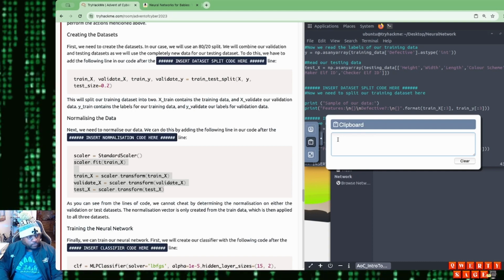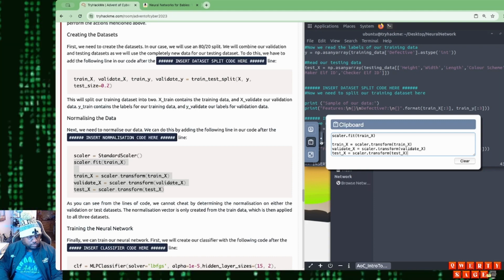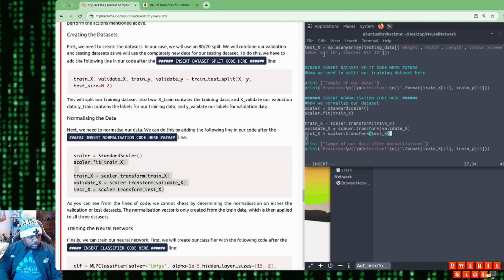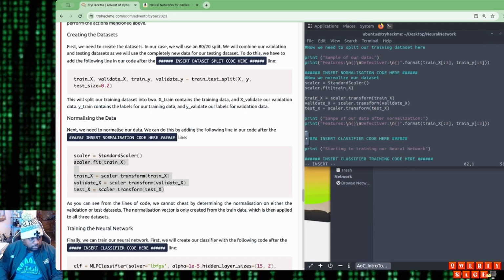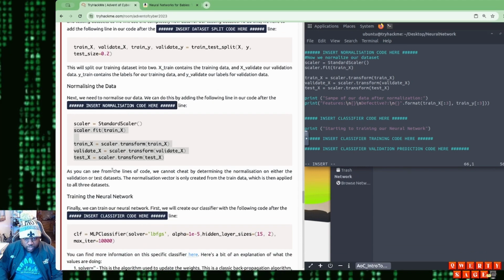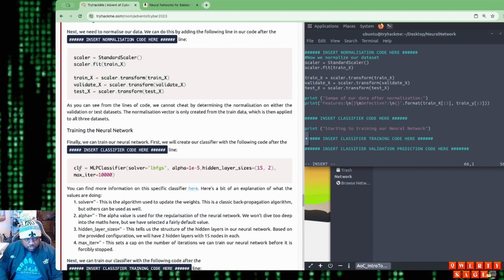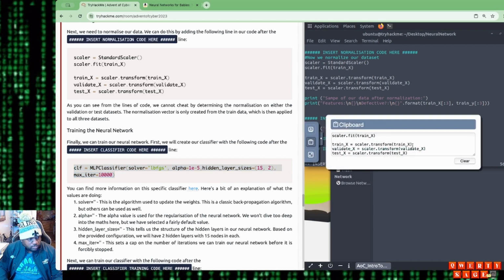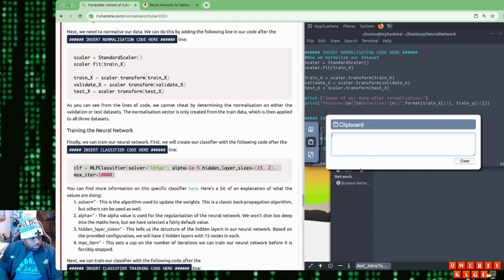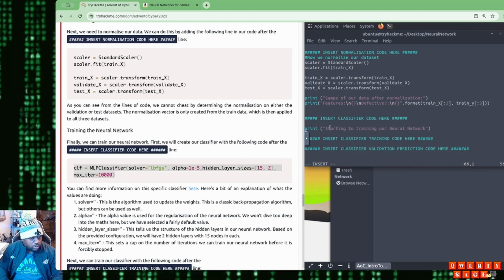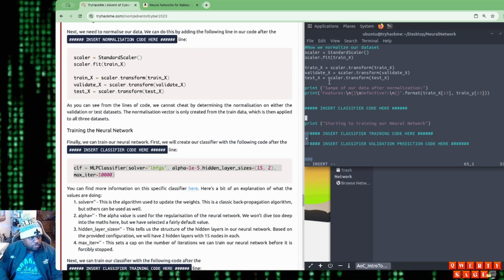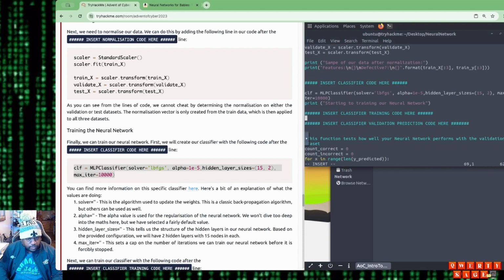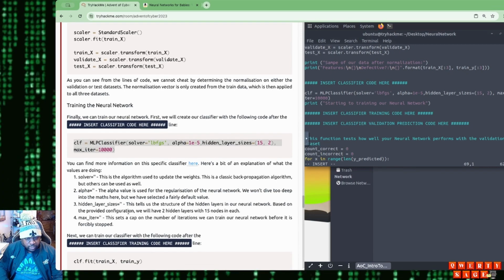And we train the data. Then we classify the data, classify training code.